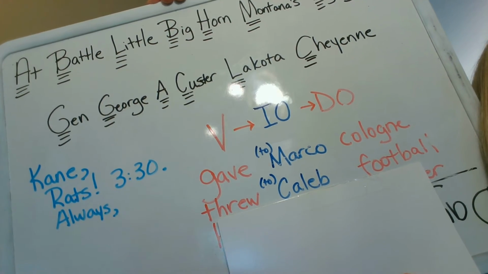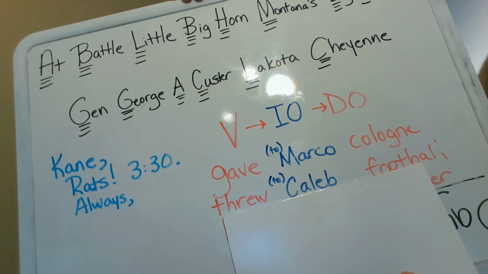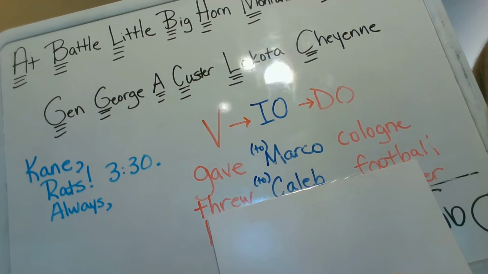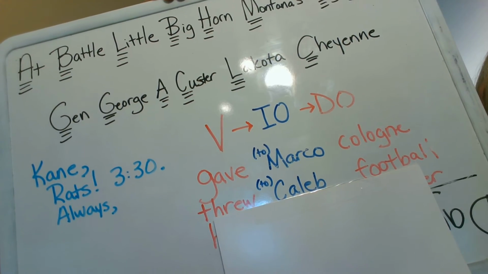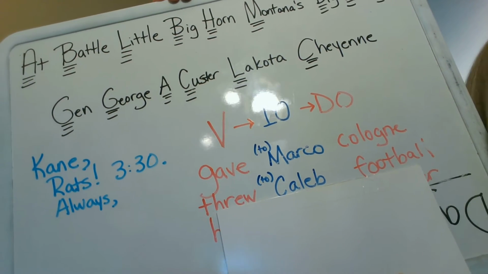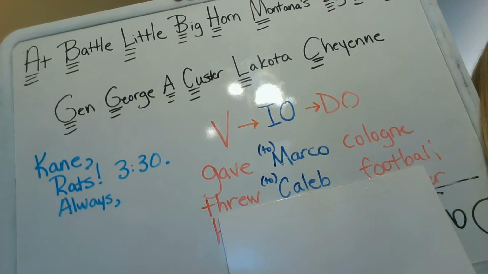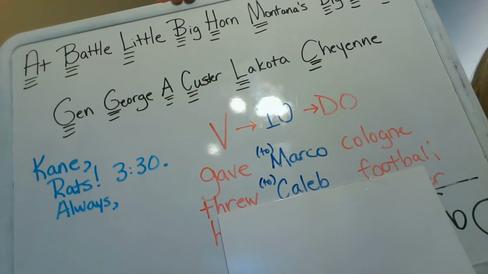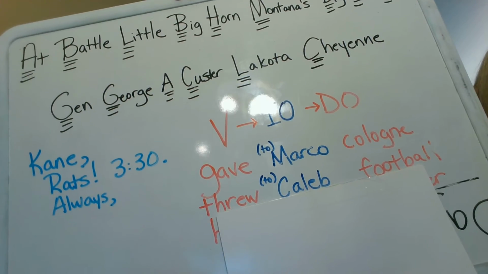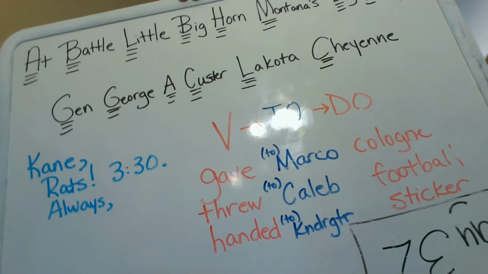Did he hand the kindergartner or did he hand a sticker? He handed a sticker. So sticker is the direct object. But now you've got this word, the kindergartner, in between the verb and the direct object. Kindergartner is the indirect object. The police officer handed to the kindergartner a sticker.